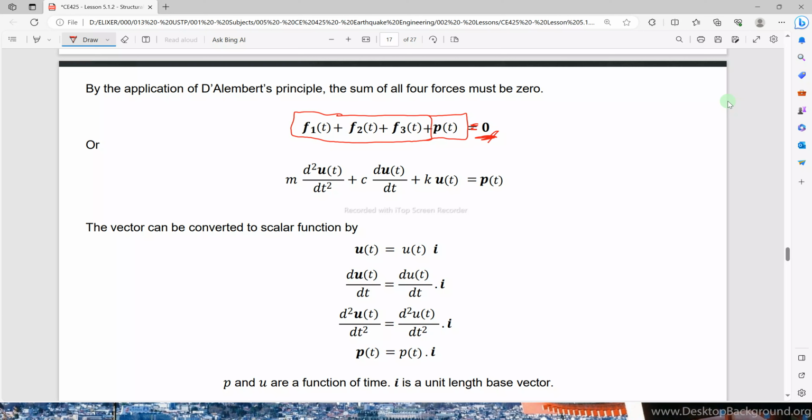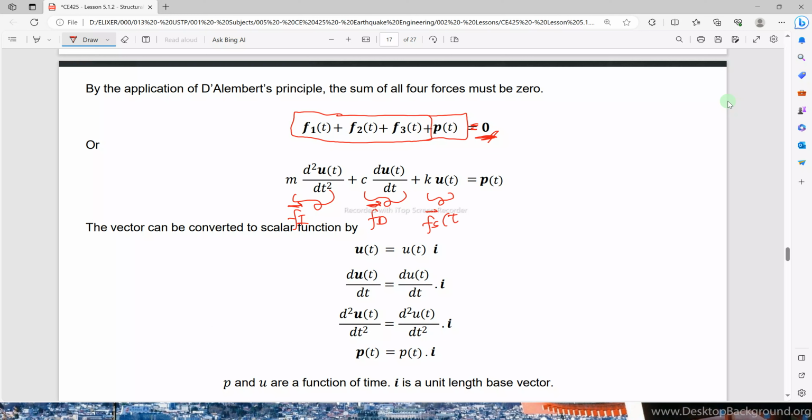So ato nang gina-consider din diri that our force, vector force 1 is the inertia force, vector inertia force. Here, this is the vector dynamic force, damping force. And then lastly, we have the elastic restoring force.